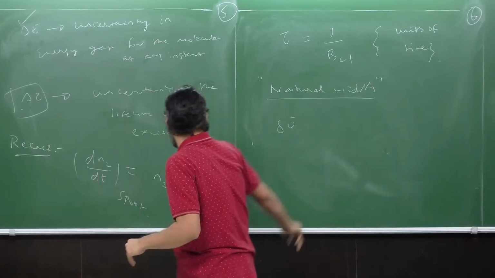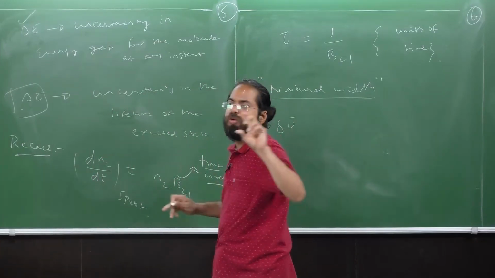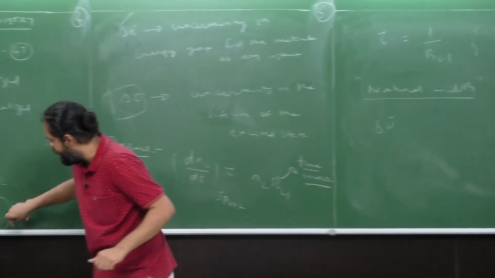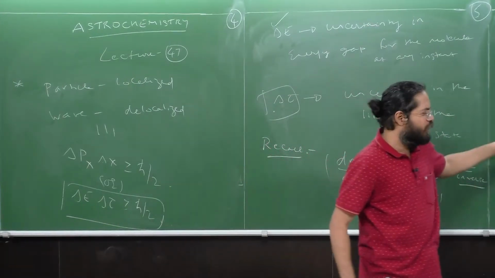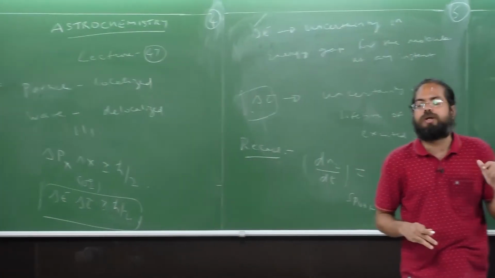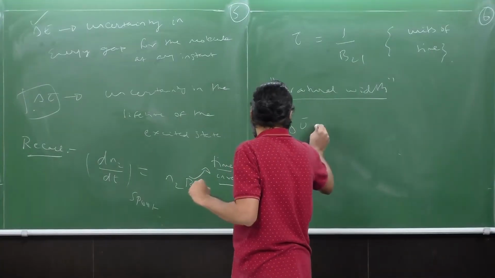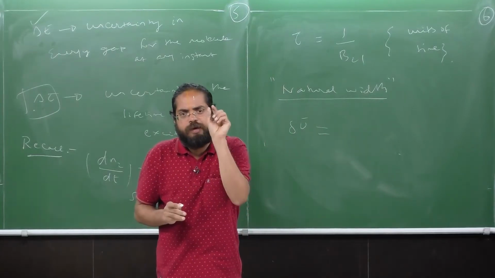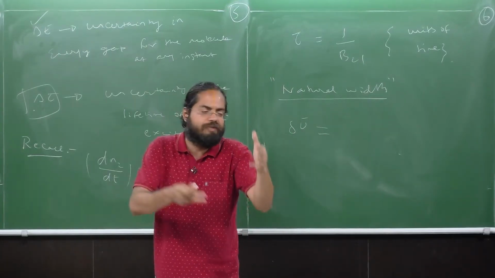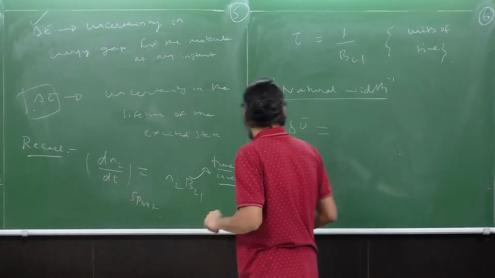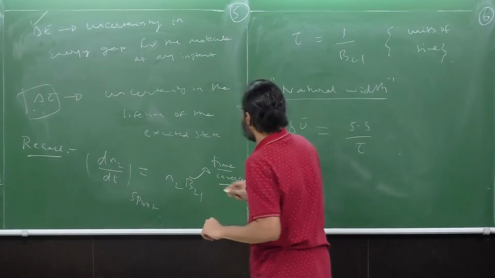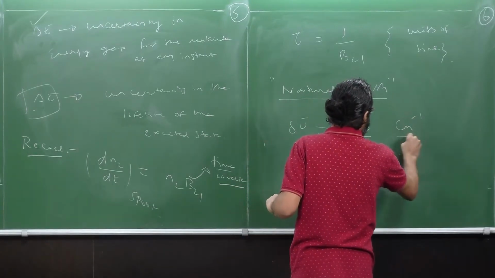Now, in terms of wave number, which is a reciprocal of a wavelength, starting from the Heisenberg uncertainty principle, the exact derivation is reasonably easy. We could perhaps do it in a tutorial. Now, the magnitude of this, the error in the exact wavelength or wave number or frequency, is given by 5.3 by tau centimeter inverse per picosecond.